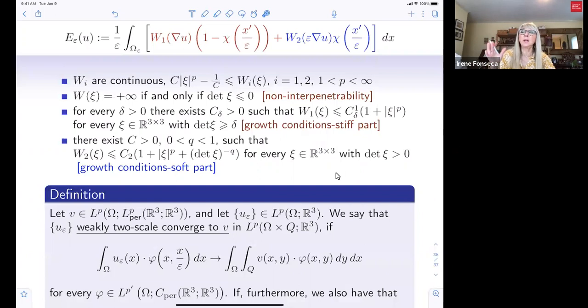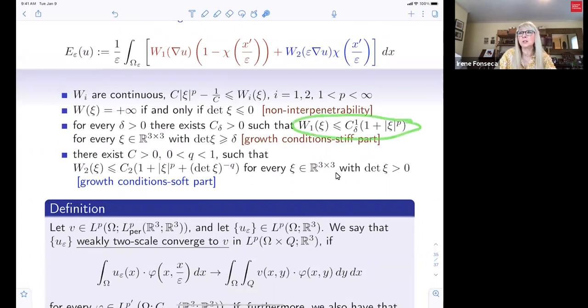But at least we now can handle conditions like these, which are more palatable, because in most of the work, except for the von Kármán plate thing, we, not the Kirchhoff, sorry, at the time we had actually a universal constant.